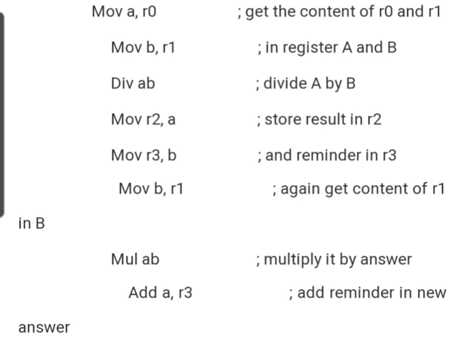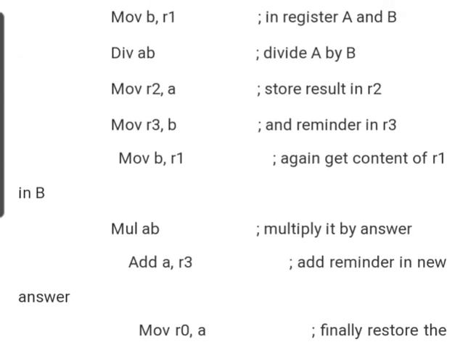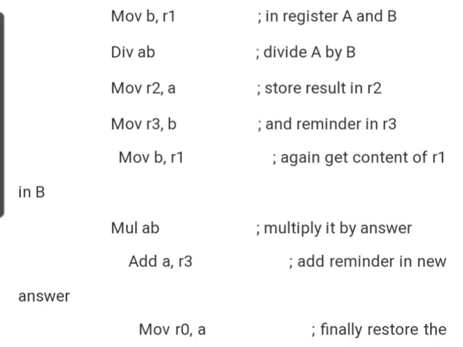Now again get the content of R1 in register B, then multiply A and B, then the remainder will be added in A, and finally store the contents of R0. So this program is for division and multiplication.